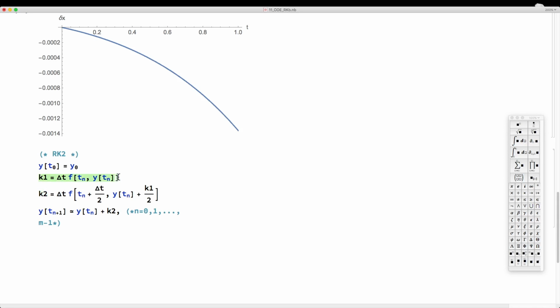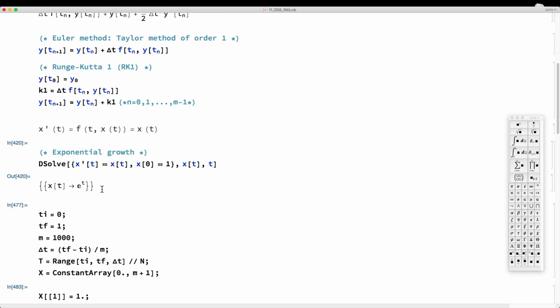If we compute K1 as before, but then also compute an extra step, K2, then the correction to go from y of tn to y of tn plus 1 is given by this formula right here. So again, let's try and replace y by x for simplicity, just so we can make an easier comparison.